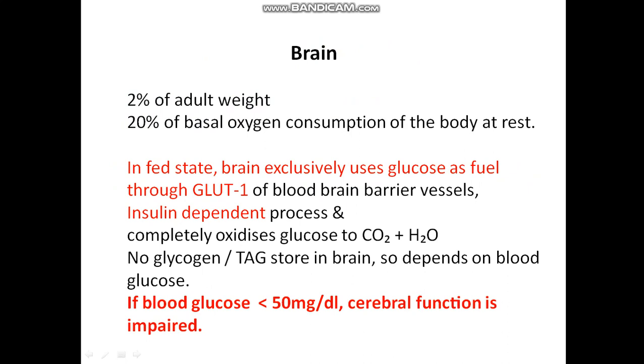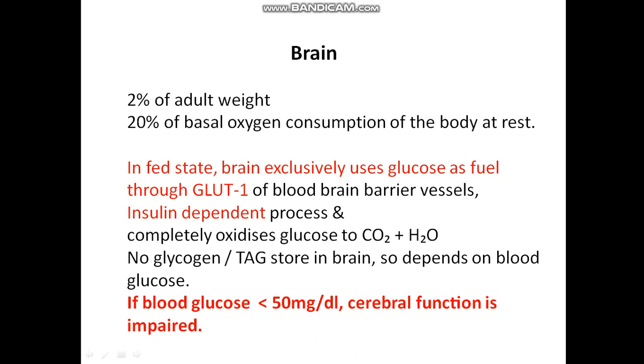Brain is 2% of adult weight but 20% of the basal oxygen consumption of the body at rest. You know how much oxygen it requires. In the fed state, brain exclusively uses glucose as fuel through GLUT1 at the blood-brain barrier vessels, which is an insulin independent process, and completely oxidizes glucose to CO2 plus H2O.